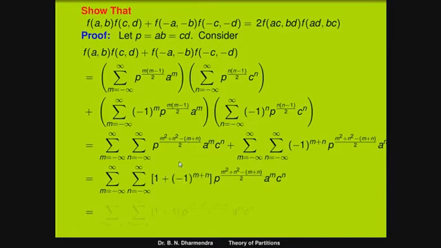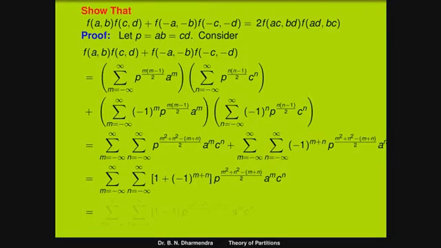Therefore it can be rewritten as summation m running from minus infinity to plus infinity, n running from minus infinity to plus infinity, taking this term as a common term, the remaining term is 1 plus minus 1 to the power of m plus n.